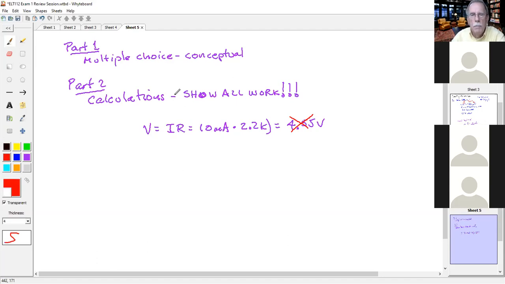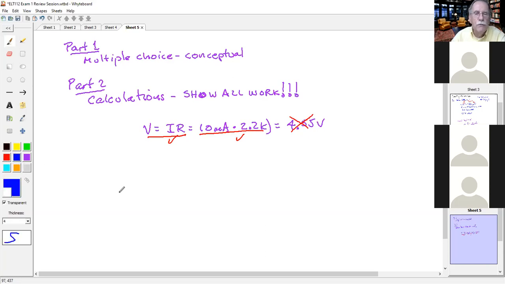Now what I do is I go back and go, okay, use the right formula. That's good. Plug the right numbers into the calculator. That's right. This is a calculator error. So based on this, I would give that person pretty much full credit. I take off some points because it's an error in the calculator, but I would probably give them close to full credit because they had the right formula, they put the right numbers in, just somehow screwed up the calculation.